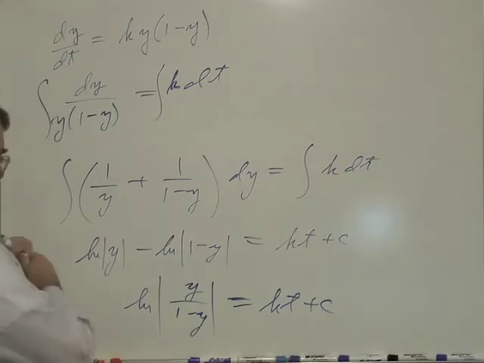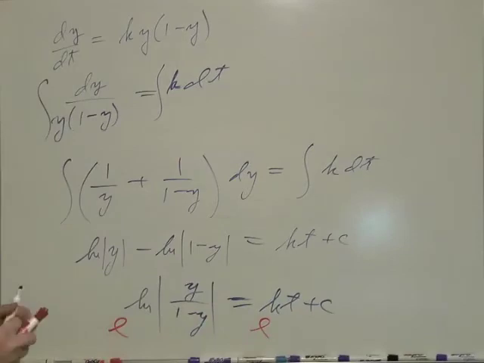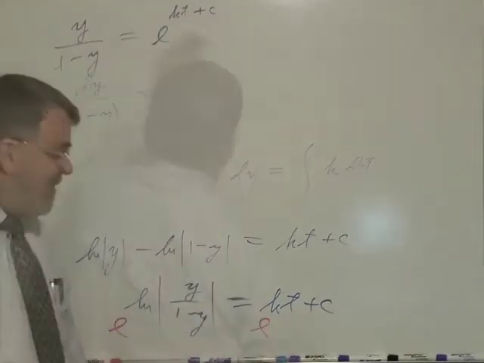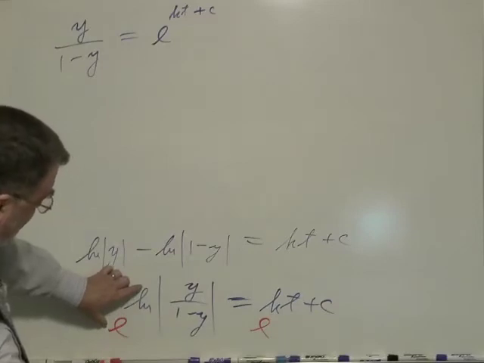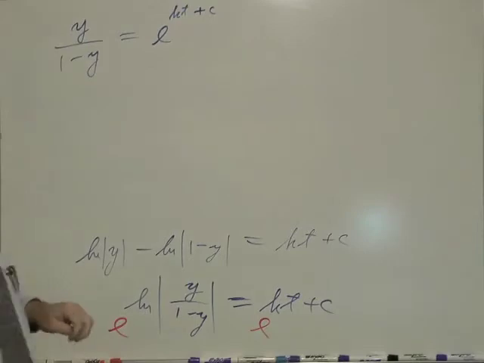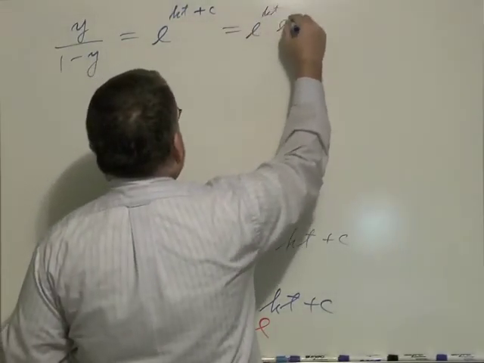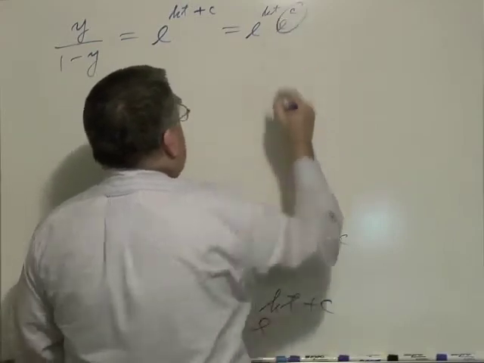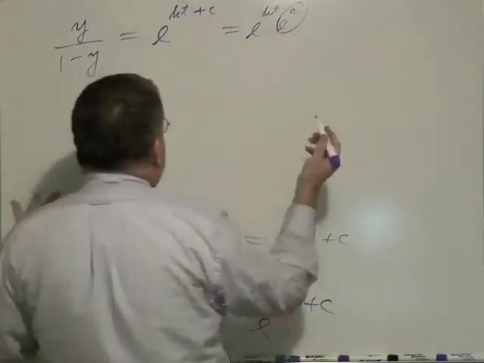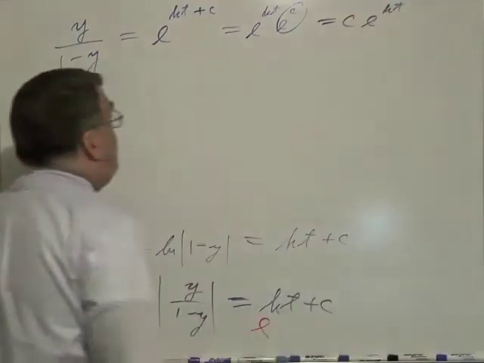And now what? We want to eliminate the logarithm, so I'll make both sides an exponent of e. So I canceled the logarithm with the e. And on the right side, we've seen this before. e to the kt plus c is e to the kt times e to the c. And if I rename e to the c as a constant C, it's C e to the kt.